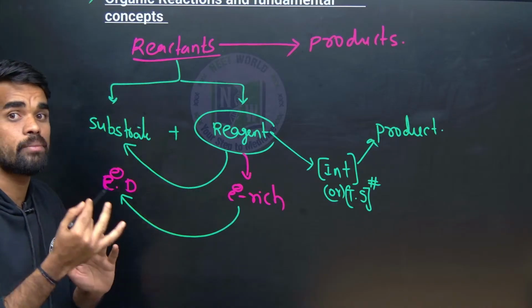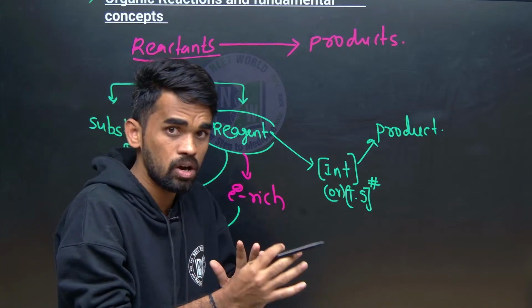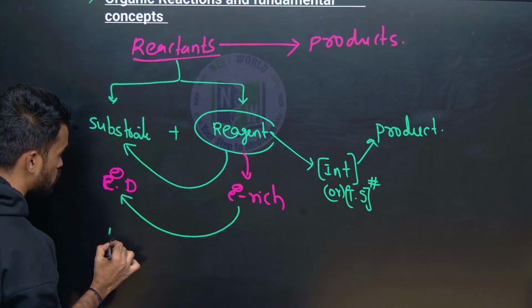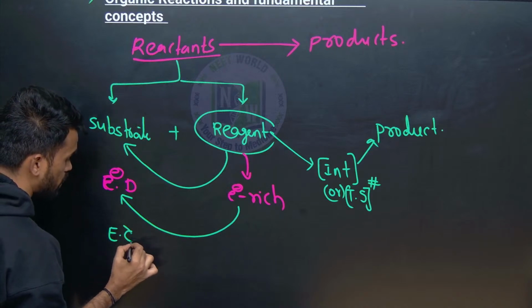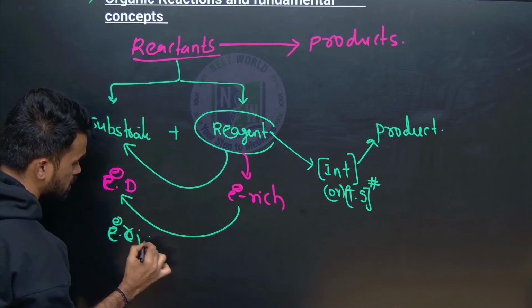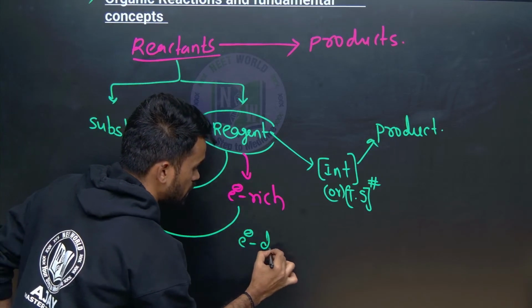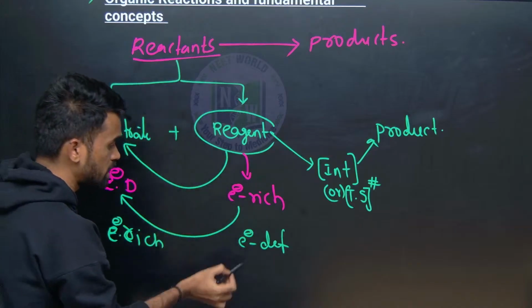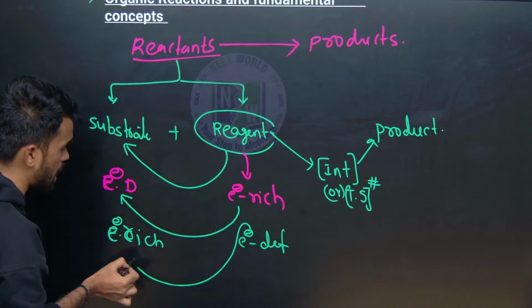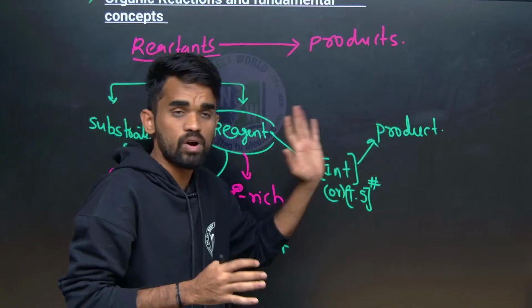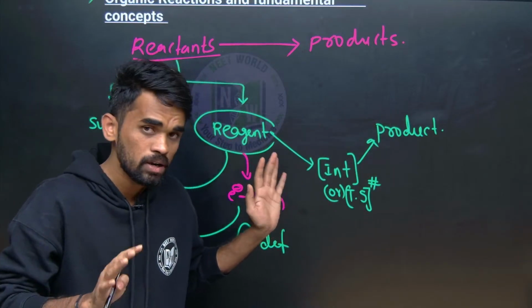This is how chemical reactions take place. It can be in the reverse manner also. If our substrate is electron rich, then our reagent might be electron deficient. This electron deficient species comes and attacks the electron rich one, forming some intermediate and the final product. Hope it is clear.